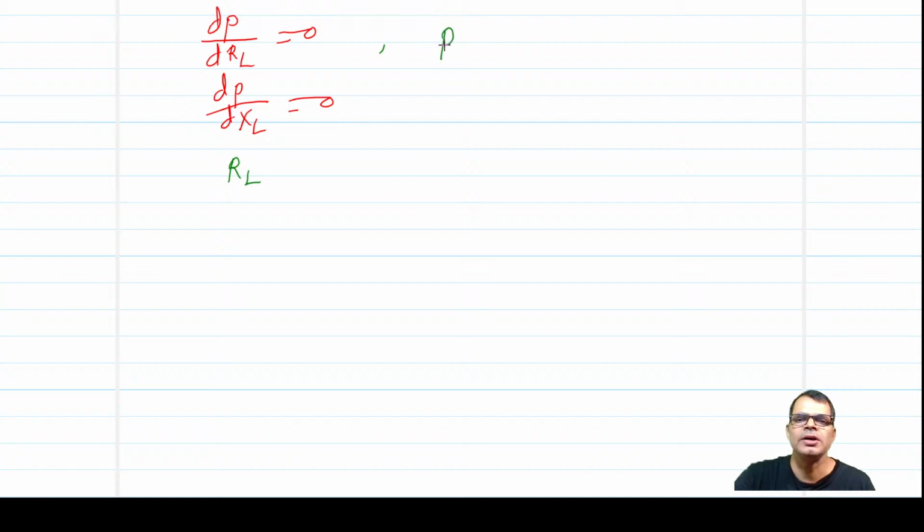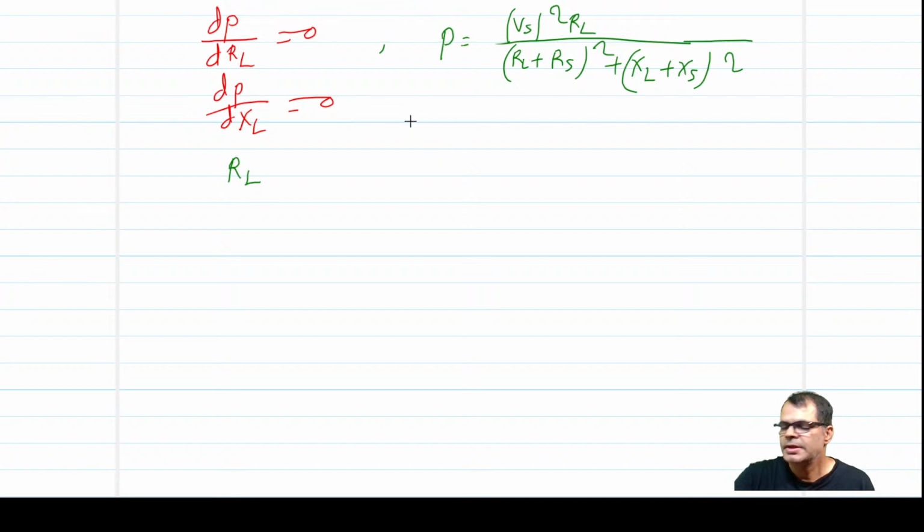So P was magnitude of Vs square RL upon (RL plus Rs) square plus (XL plus Xs) square. Now take dP with respect to dRL.